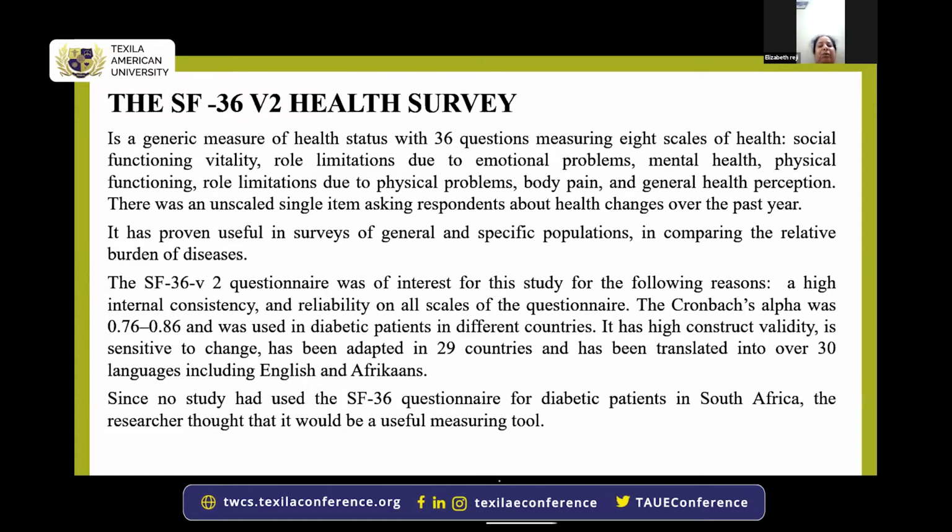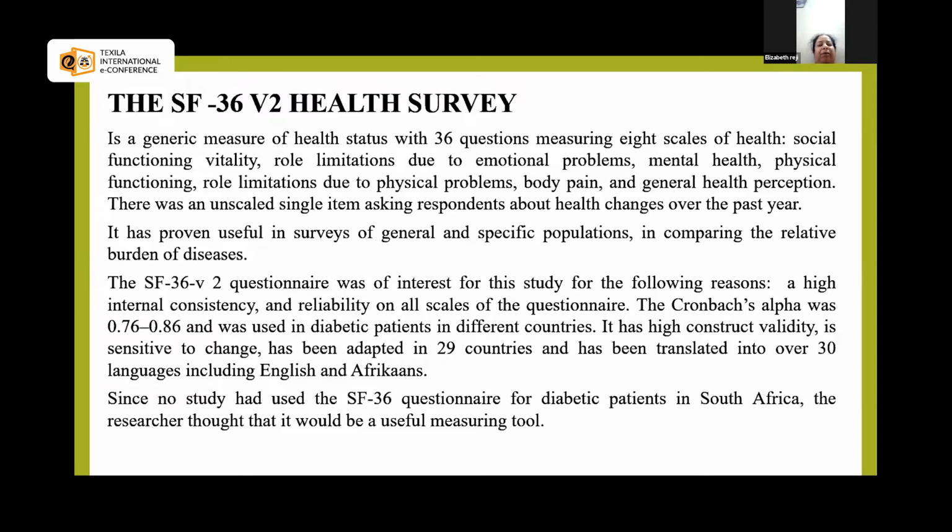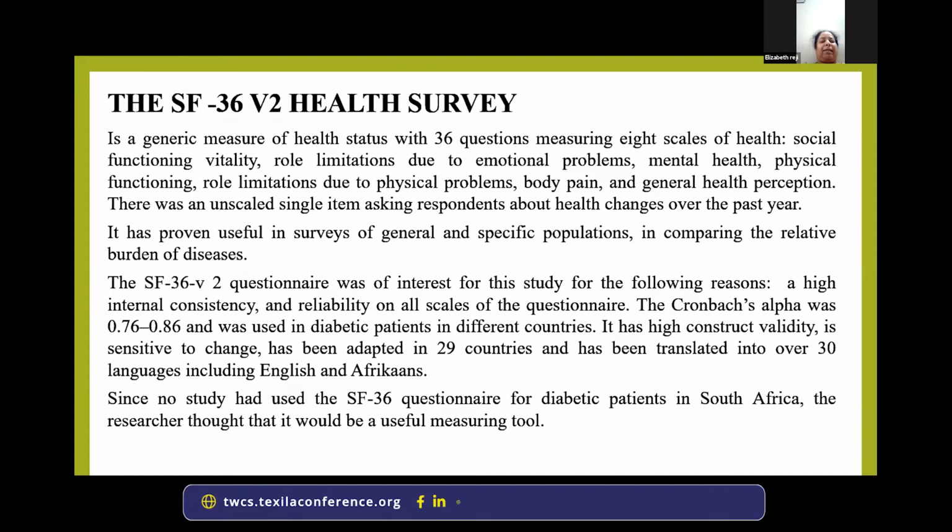It is used in different countries and can be translated into different languages. In South Africa, we have English and Afrikaans, and it was also converted to English and Afrikaans. Since there was no study in South Africa using this questionnaire, we decided to use it and find out what would happen.